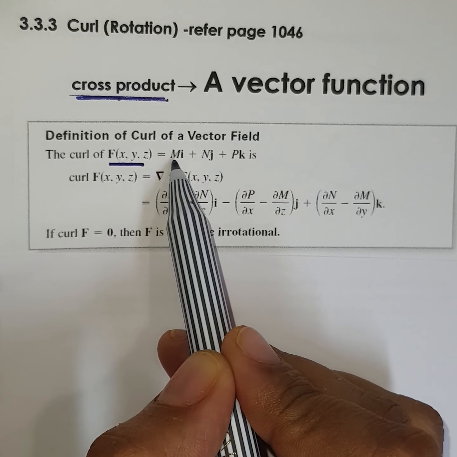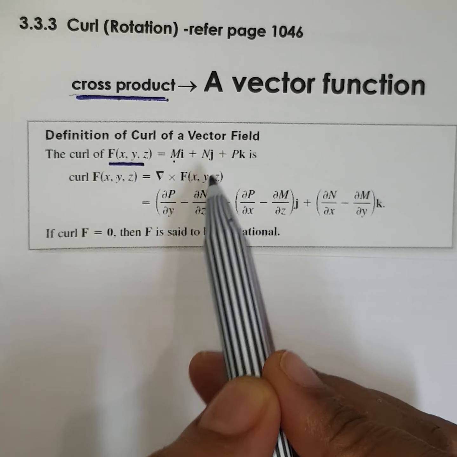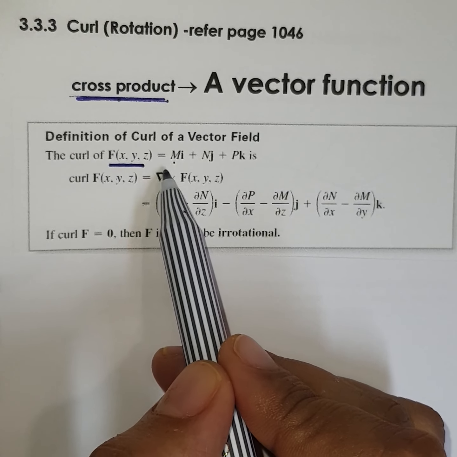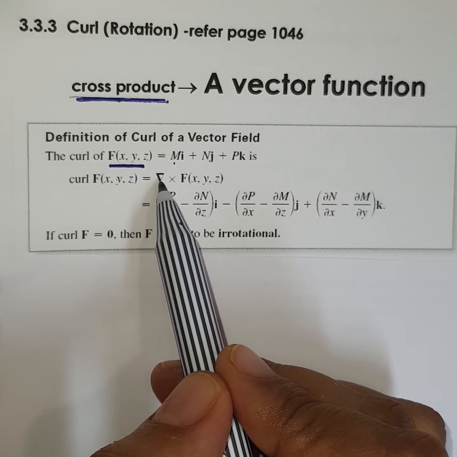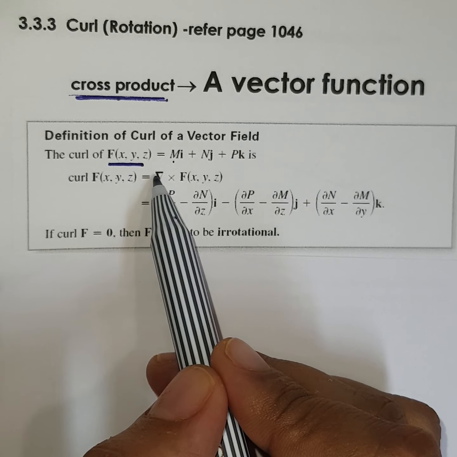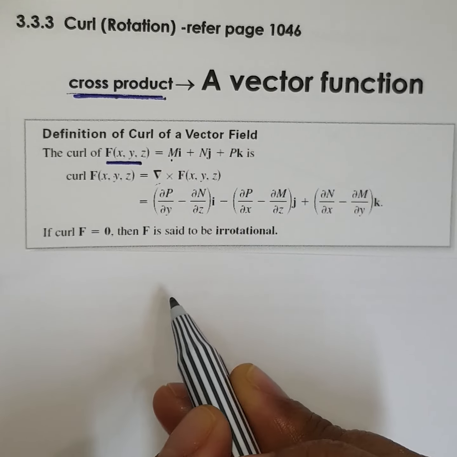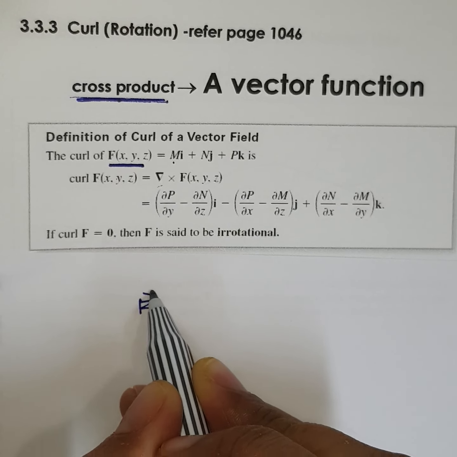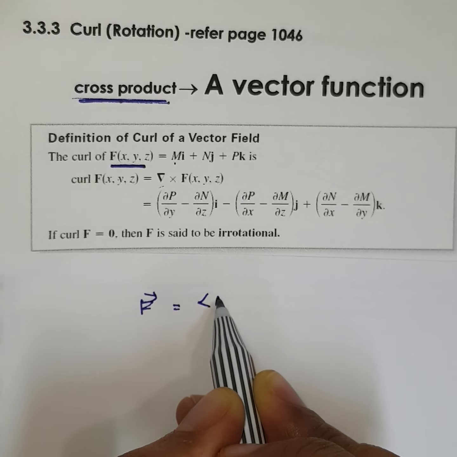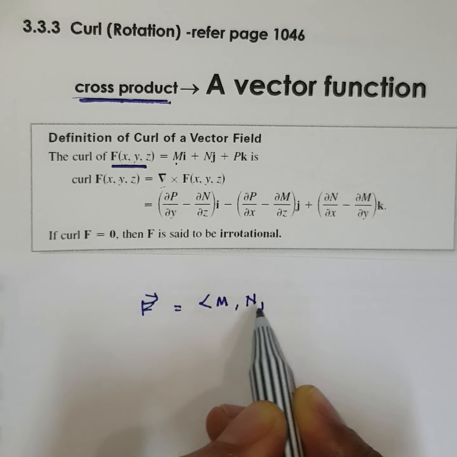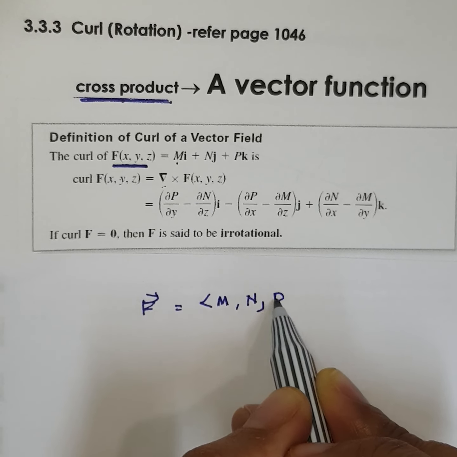So, katalah komponen dia adalah Mi, Nj dan Pk. Dan if we talk about the vector curl, or rather that cross product, it will be between del and your function. Alright? So, katalah your vector now adalah Mi, Nj dan Pk.